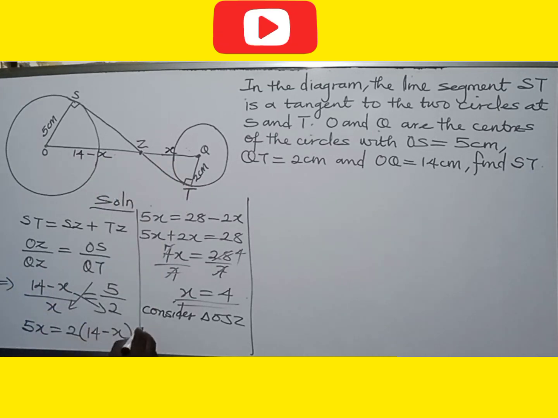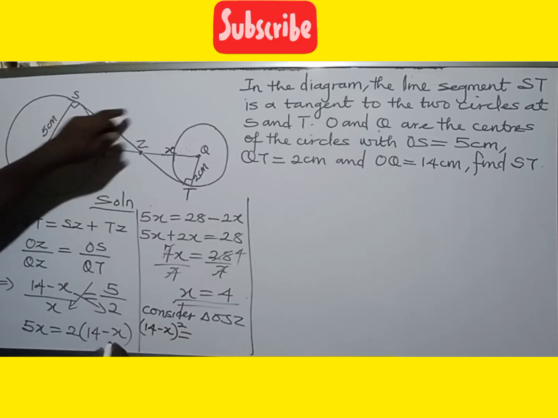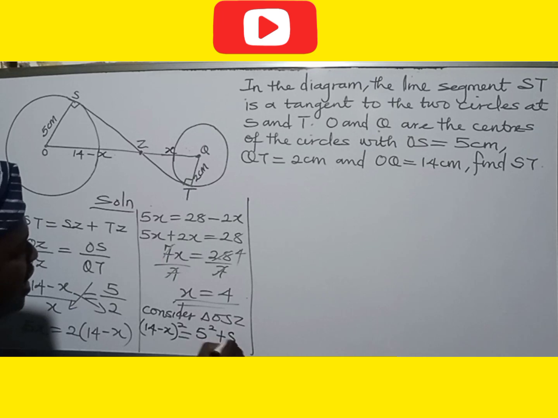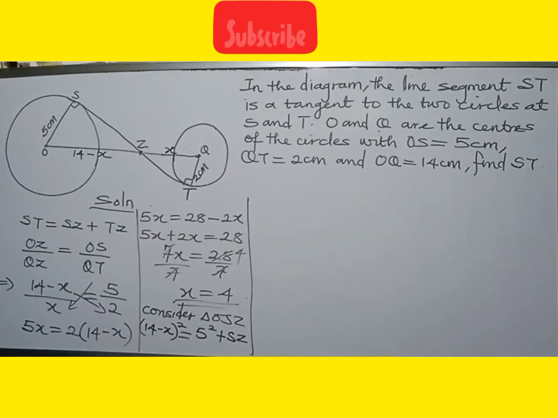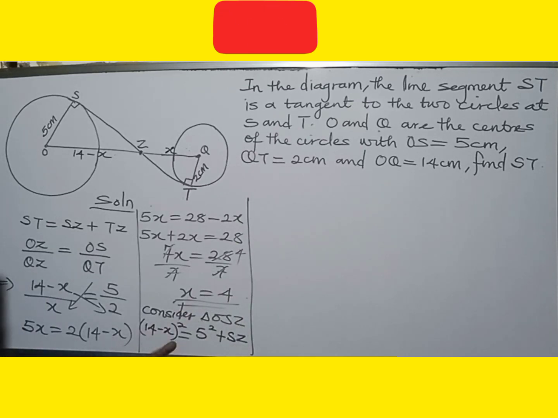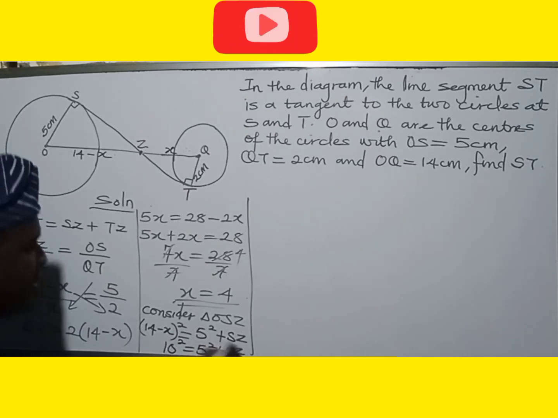That means I'm going to have 14 minus x squared will be equal to the sum of the squares of the other two sides. So I have 5 squared plus SZ squared. We have gotten the value of x, and our x is 4. That means here we are going to have 14 minus 4, that is 10. So I'm going to have 10 squared is equal to 5 squared plus SZ squared.